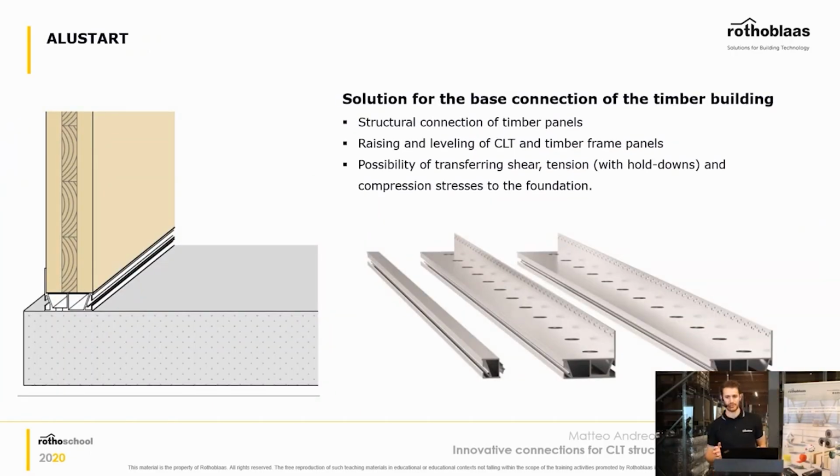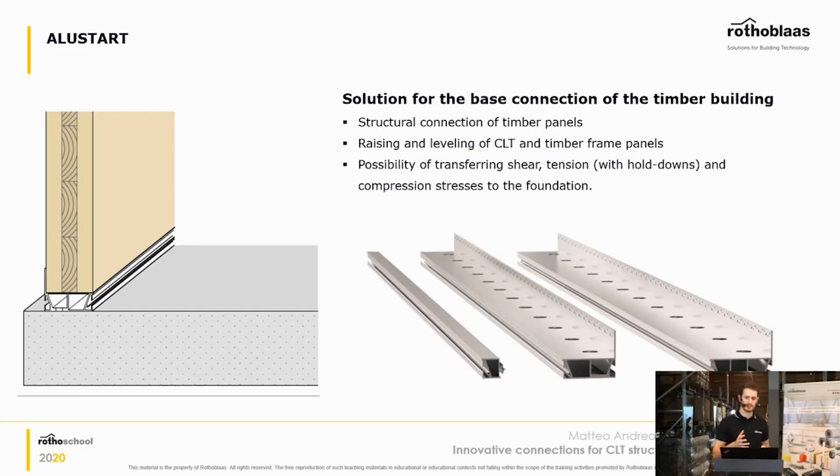So the only issue that we have usually with these little concrete walls is the fact that the tolerances of the concrete walls are not exactly the same as the tolerances that you have on your CLT structure.